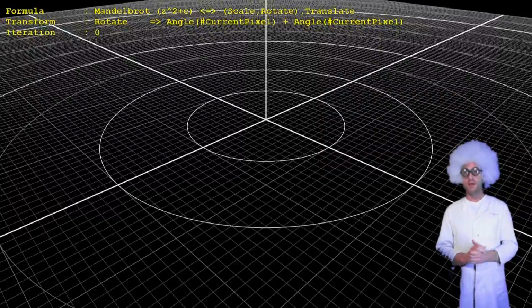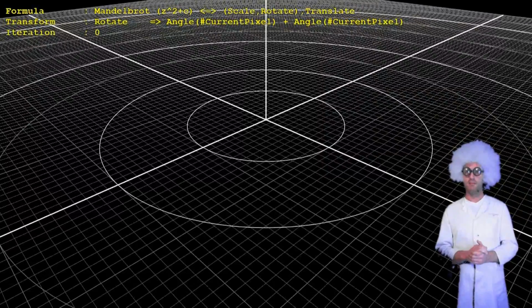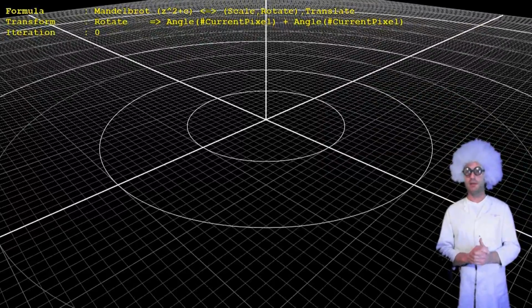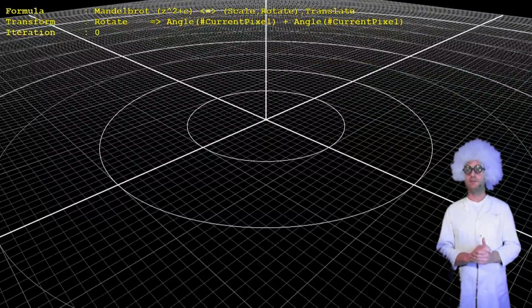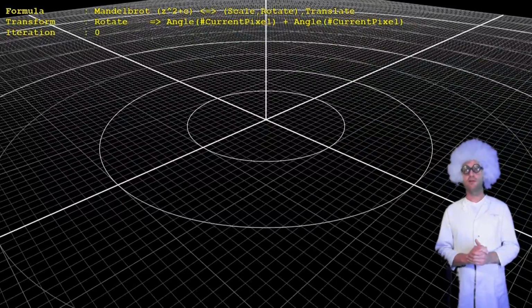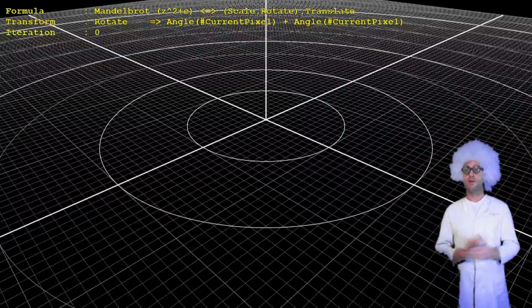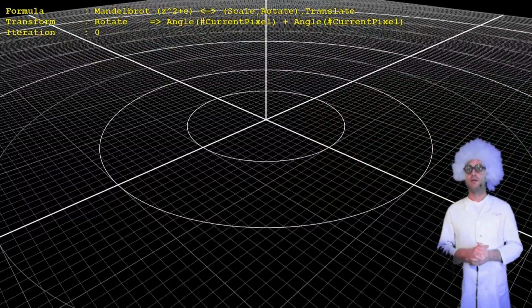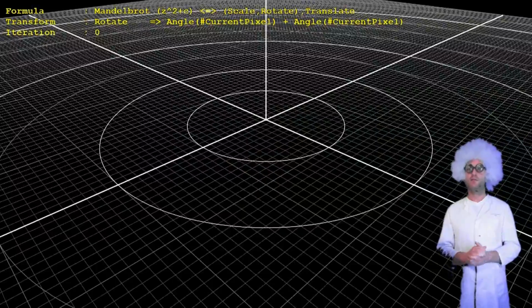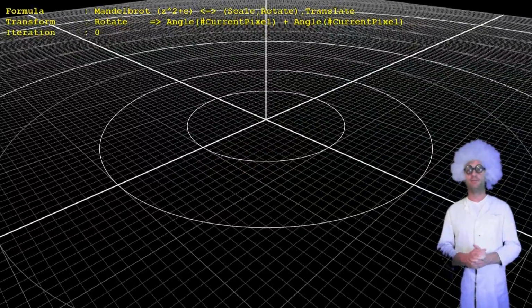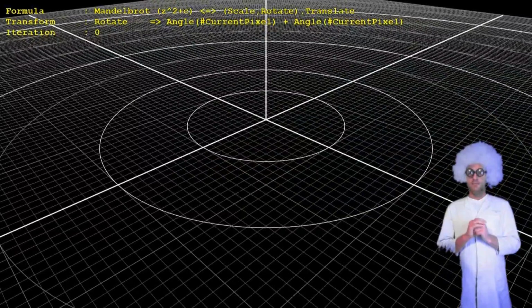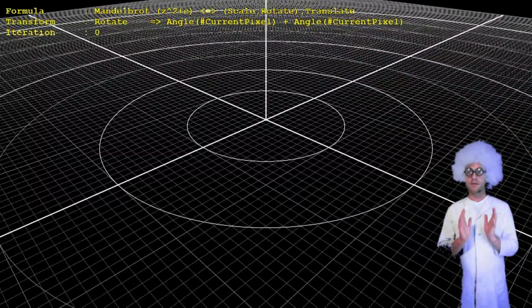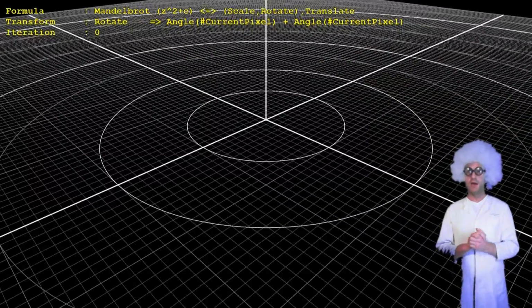Now the rotation becomes visible for the first time. All angles become double. Points on the positive x-axis do not move at all, because the angle is 0. Points on the negative x-axis move by 180 degrees. The translation is even individual for every point.